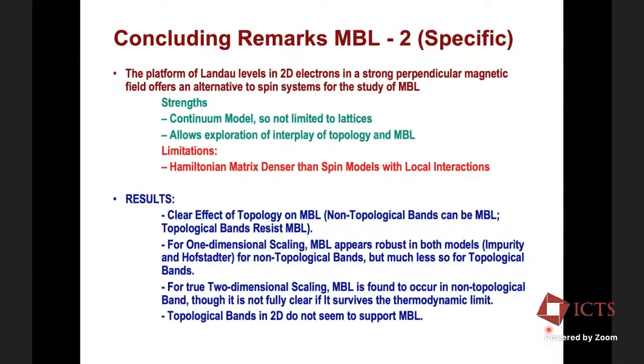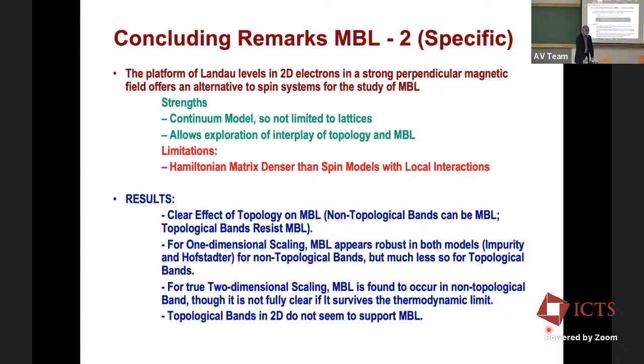So I think I missed one point in today's talk. At some point when you were showing the derivative of the entanglement entropy as a function of disorder, the transition point seemed to be around W equal to 0.6. But then when you were looking at the level spacing ratio, it seems that you really had to go to very, very large values of disorder to get the Poissonian statistics.